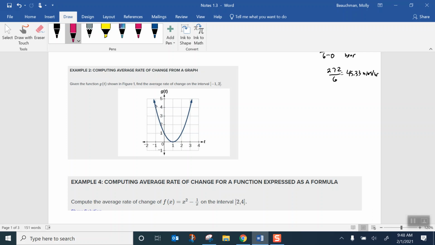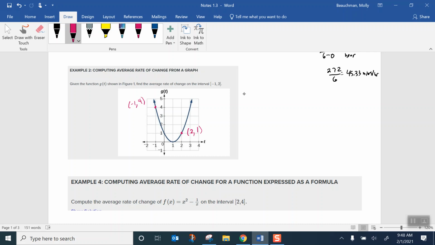When t is -1, the function value g of t is 4. When t is 2, then g of t is, from the graph, 1.